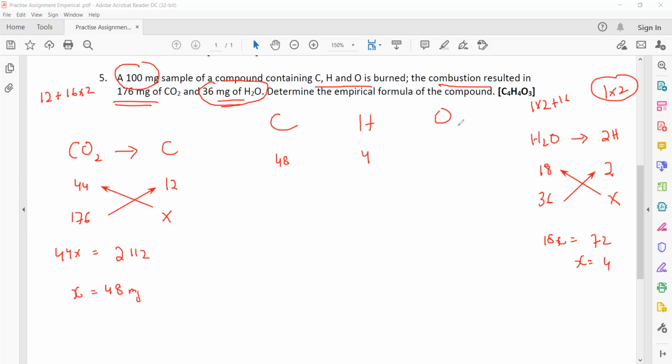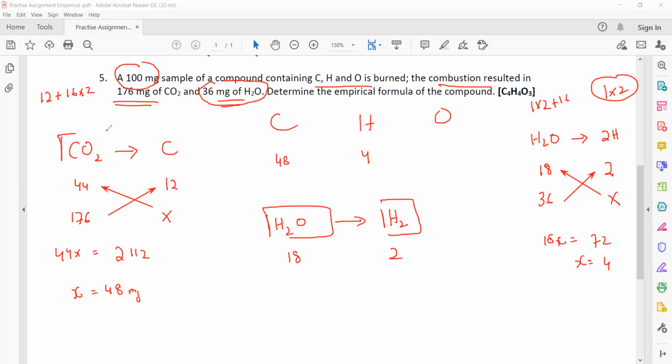From where I got this, as you can see, the formula of water: one water molecule contains 2 hydrogen. The total mass of one water molecule is 18. And the mass of one hydrogen atom is 1. Because there are 2 hydrogen atoms, the mass is 2.